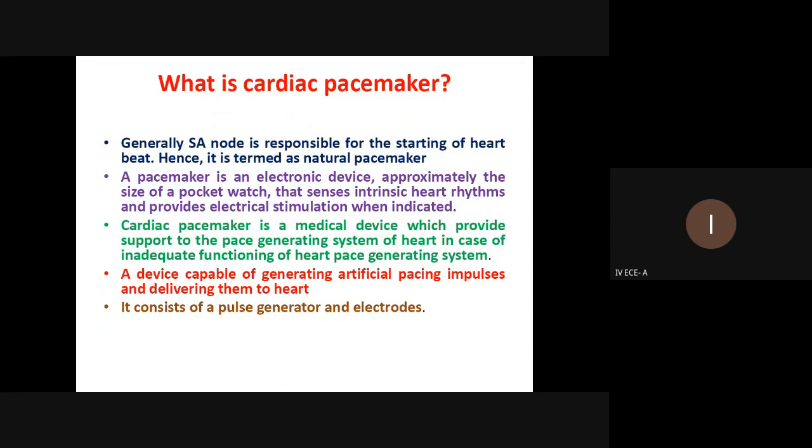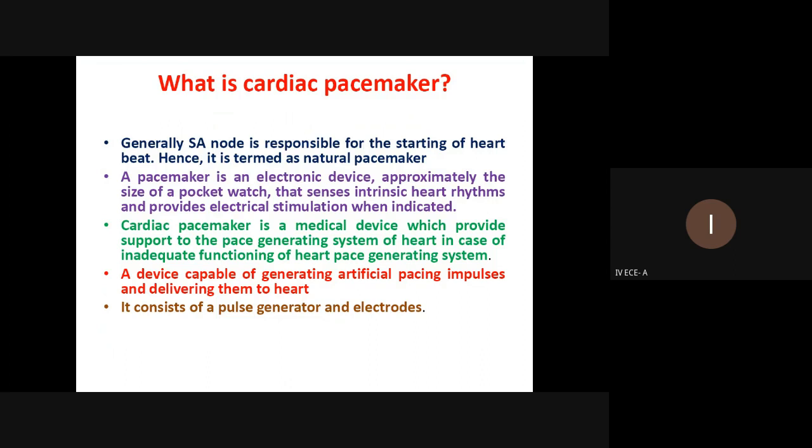A pacemaker is an electronic device approximately the size of a pocket watch that senses intrinsic heart rhythms and provides electrical stimulation when indicated. A cardiac pacemaker is a medical device which provides support to the pace generating system of the heart in case of inadequate functioning of the heart's pace generating system.